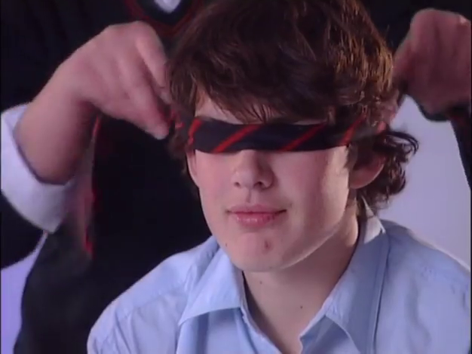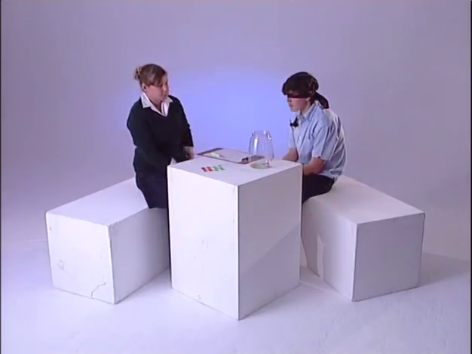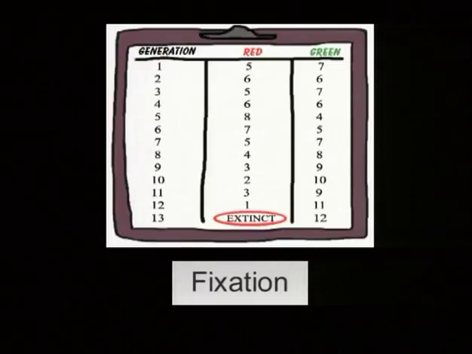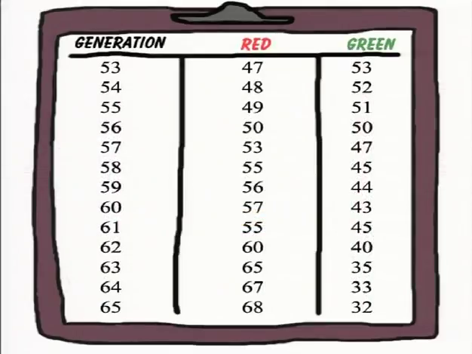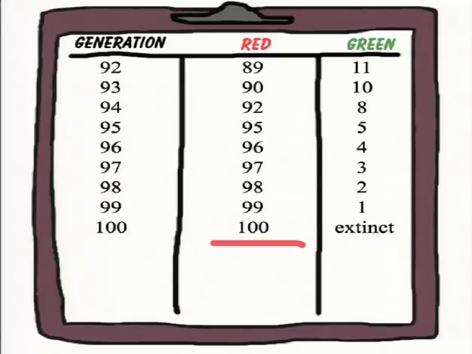Given random mating and no particular selection, the ramifications of genetic drift are as follows. Genetic drift takes place faster in smaller populations. In larger populations, genetic drift is far slower.